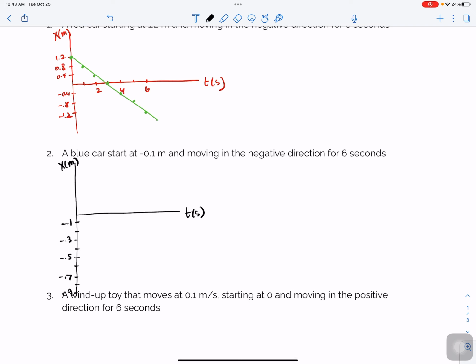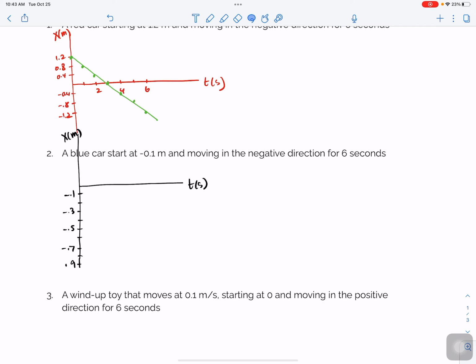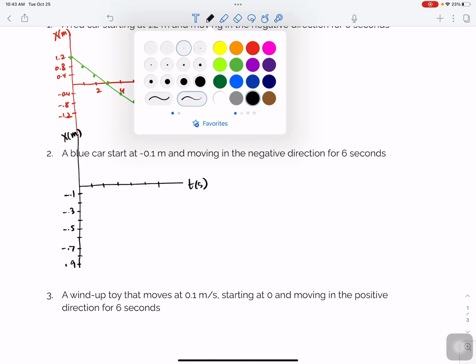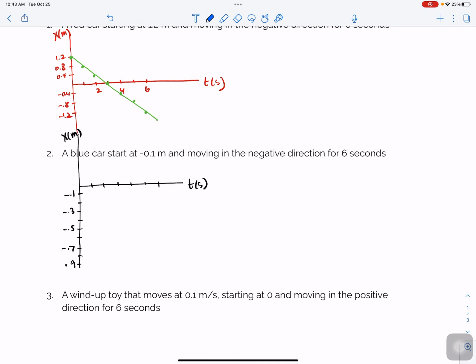I probably don't have enough space. Maybe I'll move up. Okay. And then time 1, 2, 3, 4, 5, 6. So blue car is at negative 0.1 at 0 seconds.